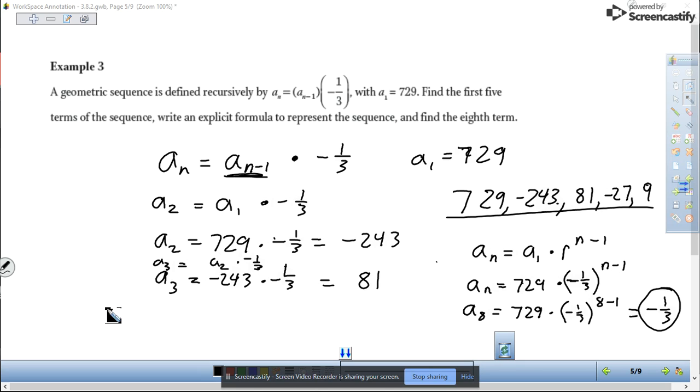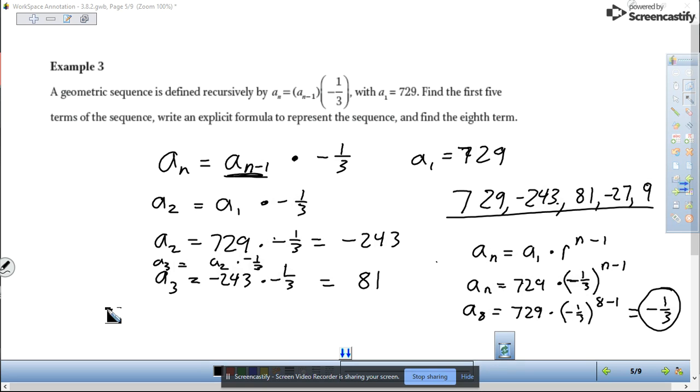So this is the last 2 lessons of what I would consider new stuff. And again, we kind of hit on some pieces related to this, but there will be questions on your milestone. Guaranteed, there are every year that talk about arithmetic and geometric sequences. So you need to make sure you understand this and how it relates arithmetic to linear and geometric to exponential.